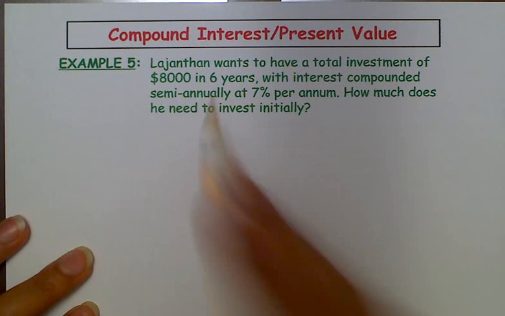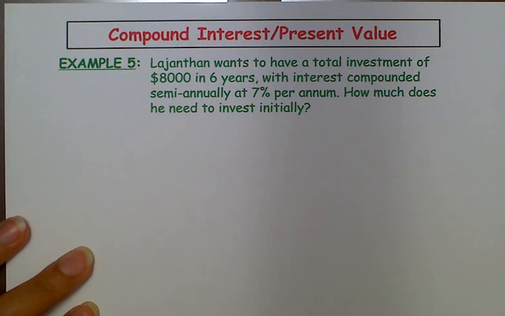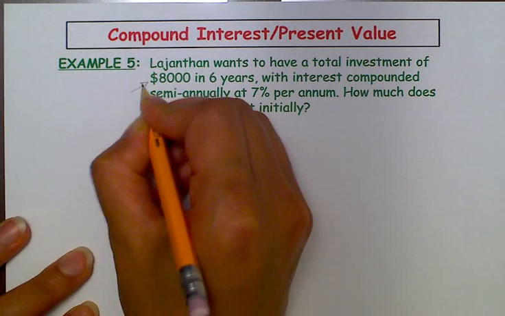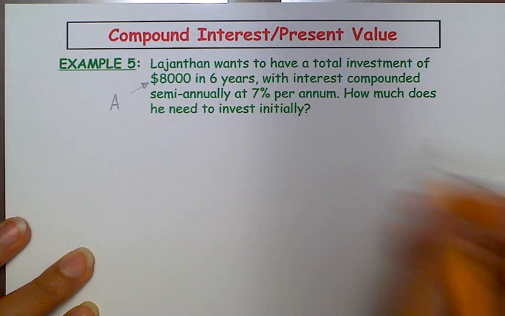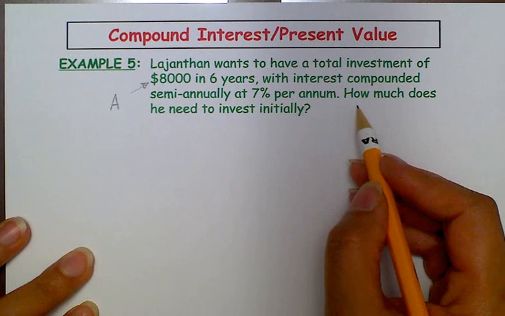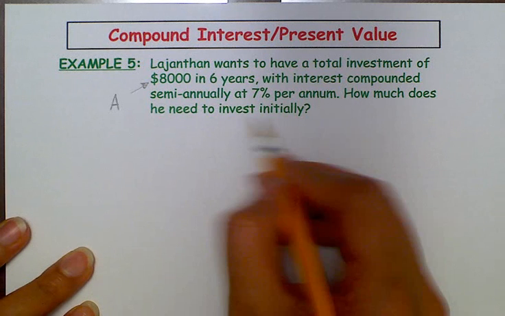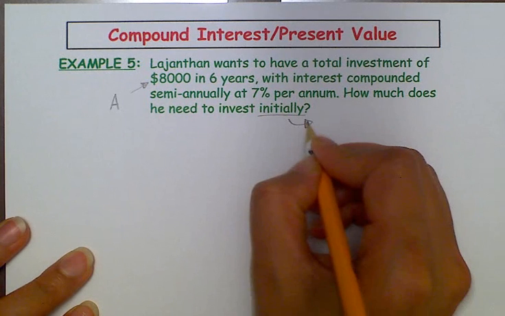That tells me this amount is the accumulated amount. That's how much money he wants to have in a span of 6 years. What we don't have is how much money he's invested initially, so we don't have the principal amount. The last sentence asks how much he needs to invest initially, so we need to figure out the principal amount. We don't know what that is.